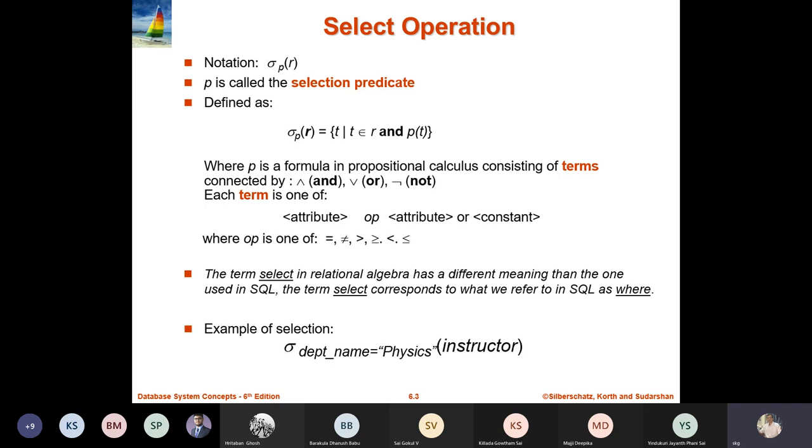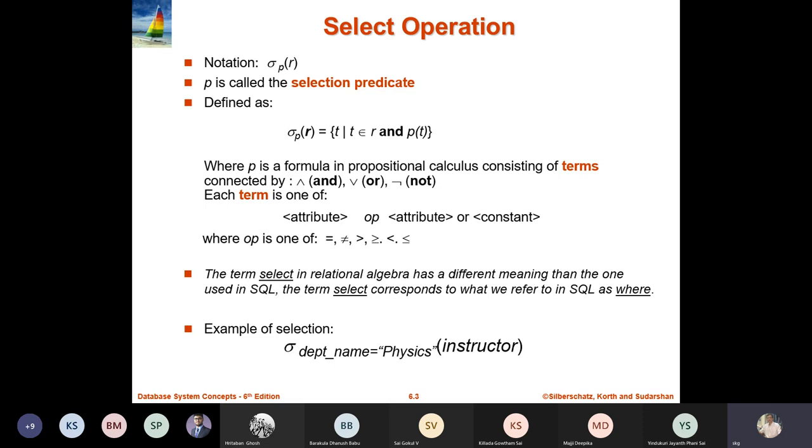So what does it result in? It results in a set of tuples. From the instructor, or from the R relation, based on your predicate, it selects a set of tuples. Right.